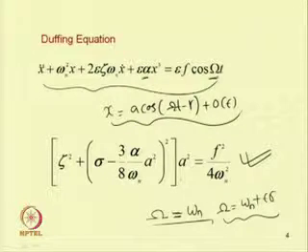In this equation, the highest order of amplitude is a to the power 6, but one can see that the detuning parameter is of quadratic order, that is, sigma square.